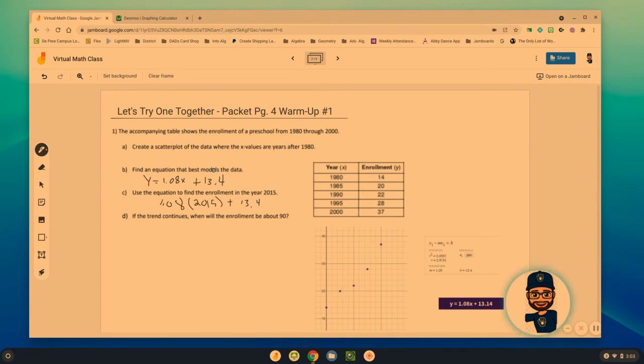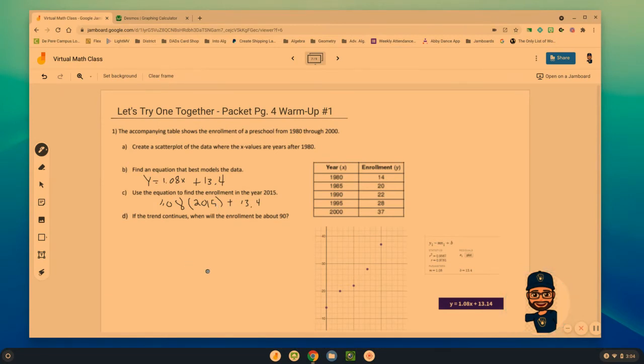You can go back to Desmos and type that in. Either way, it's going to give you about the same exact answer. And if I do it on my calculator here on my phone, 1.08 times 2015 plus 13.4, it says that we're going to have roughly 2,000 people.